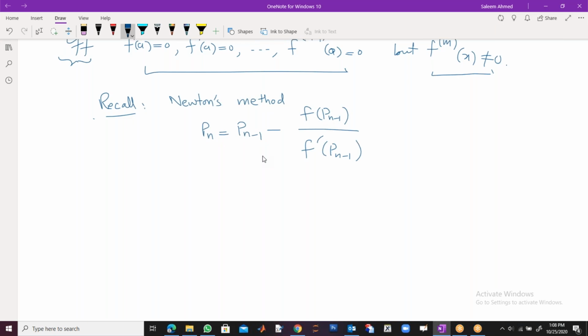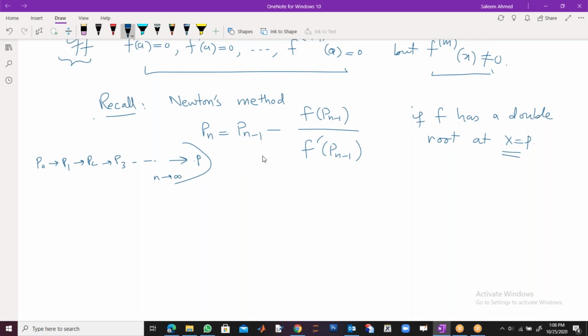So let's say f has a double root, multiplicity 2, at x = p. Because you start from p0, this gives you p1, p2, p3, and so on. You continue. So with n going to infinity, you will get exactly the root p.